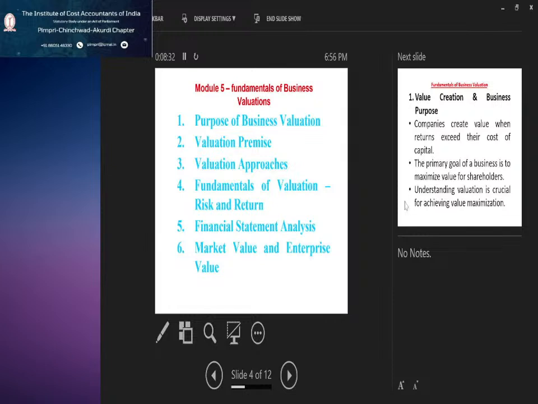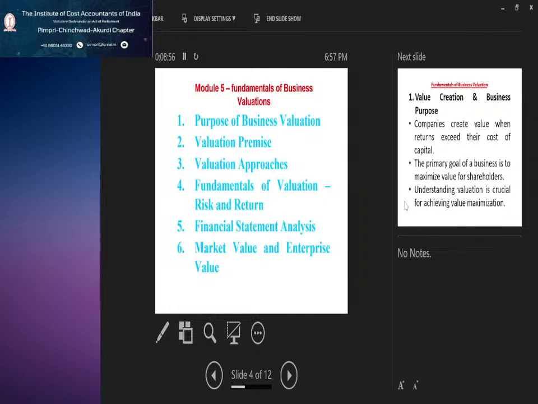So module 5 is typically about understanding the whole background of valuation, and it may be more theoretical also. So I have again restricted myself to the study material provided by the institute in terms of my PowerPoint presentation for this session.